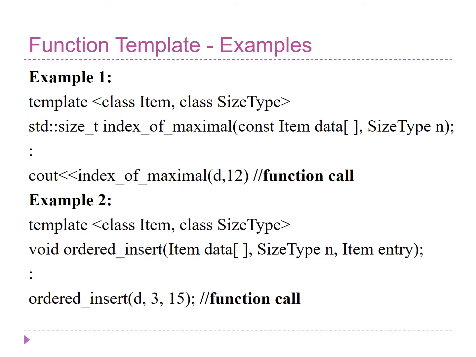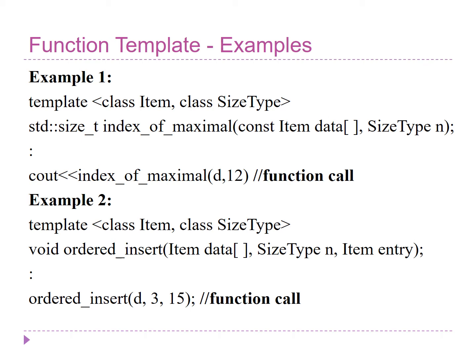Here are two more examples of function template. In example 1, we have defined two user-defined data types, item and size type, using a single C++ template statement. The function template index_of_maximal receives two arguments, the data array and n, of type item and size type respectively.